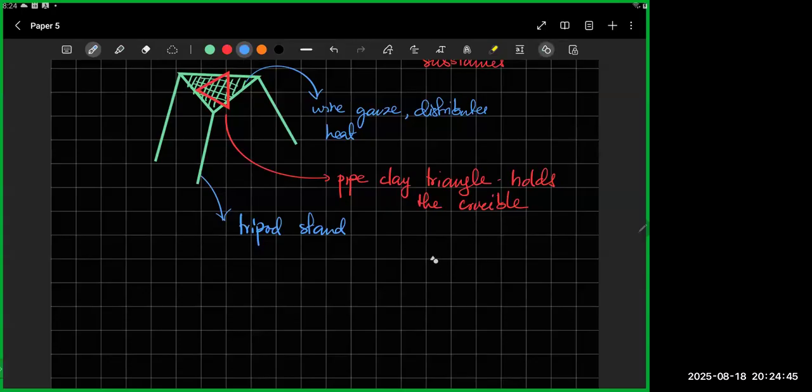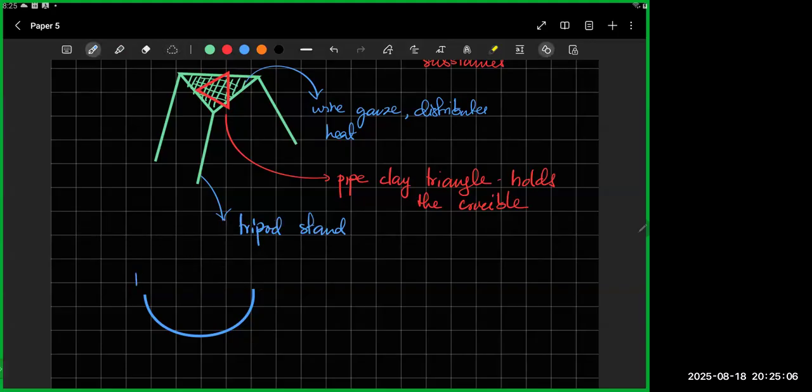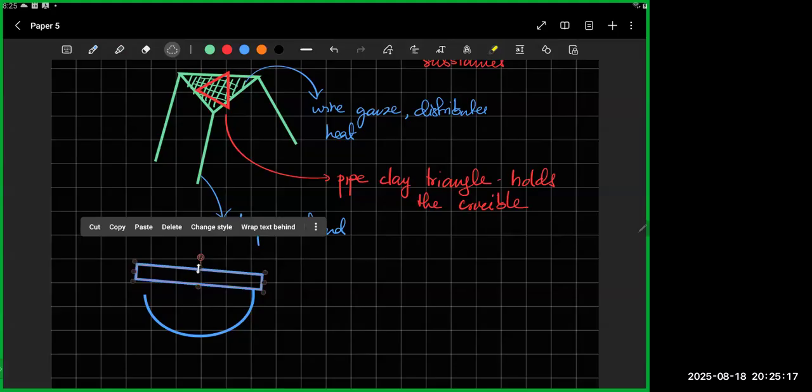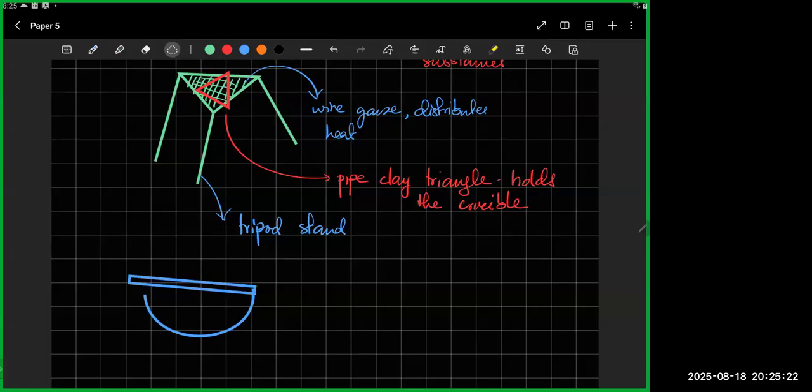What does a crucible look like? तो वो भी draw कर लेते हैं. Crucible is basically... ये तो खैर crucible नहीं है एक से. तो ठीक है.